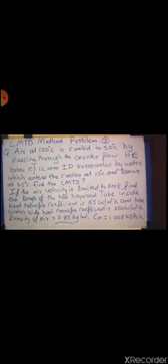By passing through a counterflow heat exchanger, it is given that the type of heat exchanger is counterflow, and the diameter of the tube is given as 12 mm, that is 12 into 10 raised to minus 3 meter, surrounded by water, which enters the cooler at 10 degrees centigrade and leaves at 25 degrees centigrade. That means water is the cold fluid.